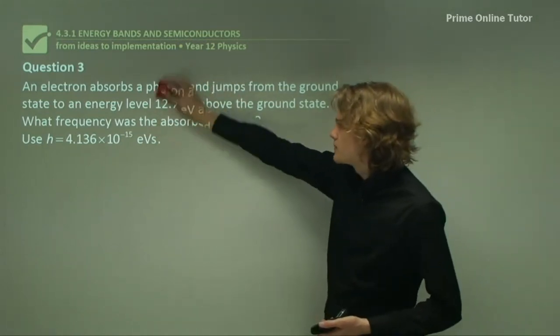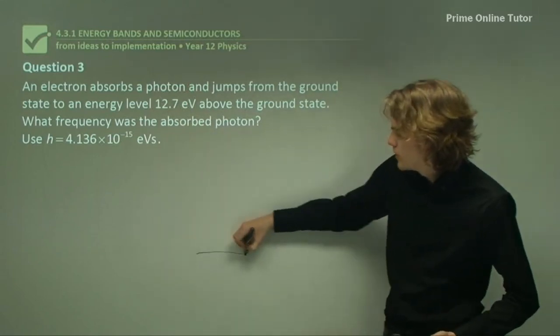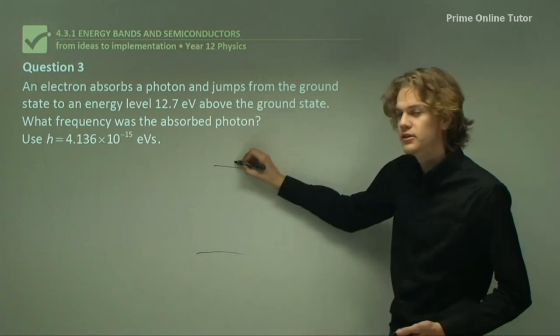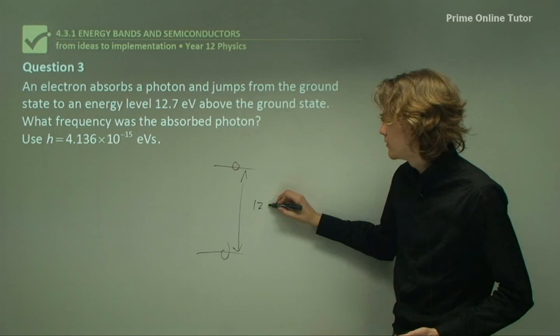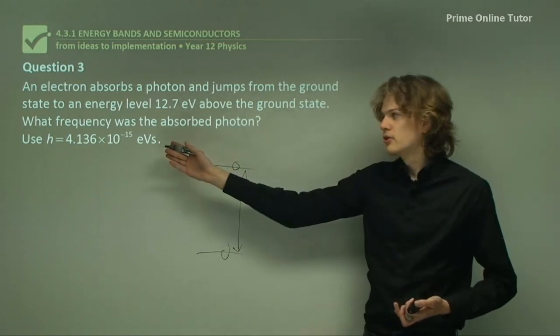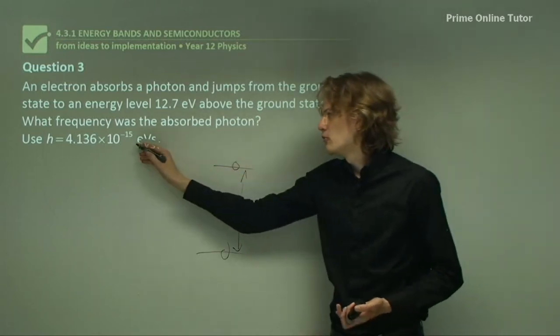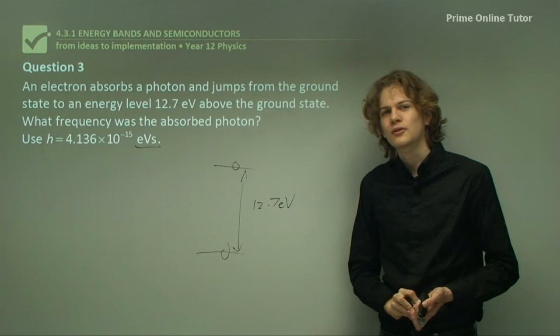So in this case, we have an electron jumping from this energy level to another energy level, and the distance that it's jumped is 12.7 electron volts. Luckily, we have a measure of Planck's constant in electron volt seconds instead of joule seconds, so we don't have to worry about converting the electron volts to joules.